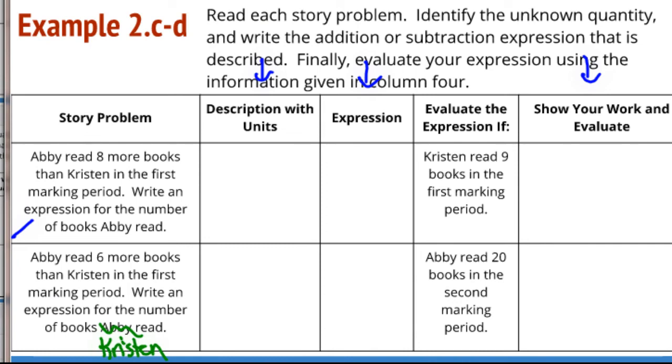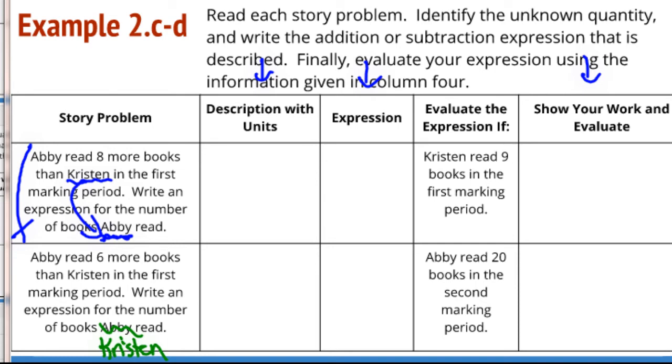All right. So I would work on the first expression, get it all taken care of, check out what I put up there, and then look at the second expression. All right, so Abby read 8 more books than Kristen in the first marking period, and I am looking for the number of books that Abby read. So I am going to be working from what Kristen had to figure out what Abby read.